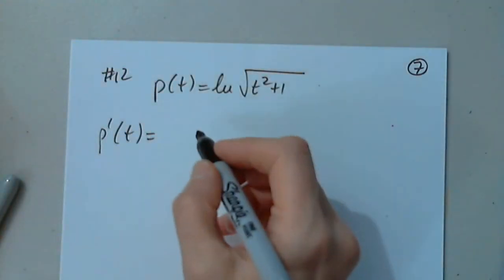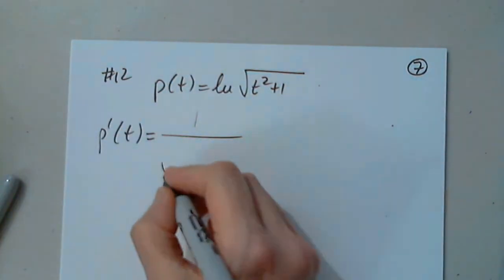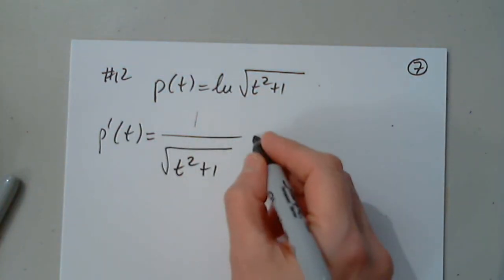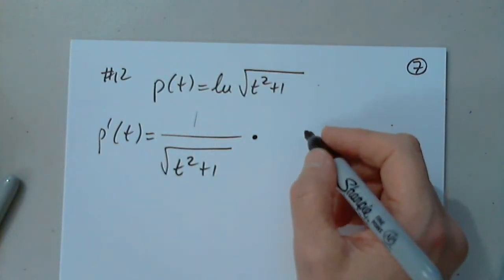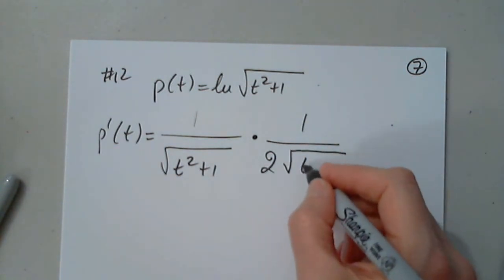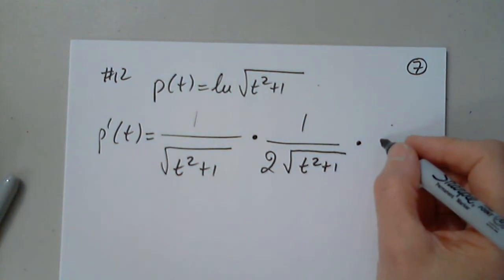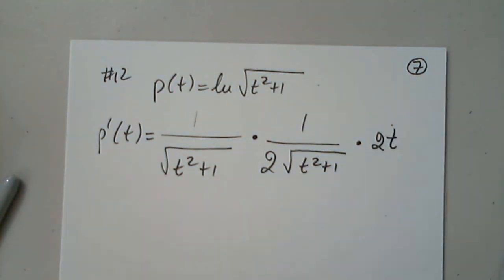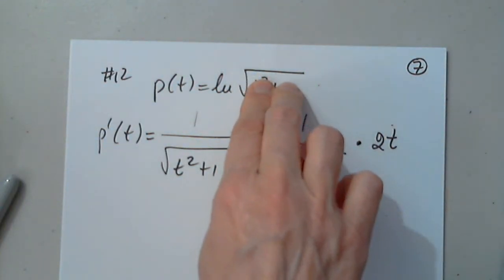Is that 1 over natural log? Oh wait, square root of t squared plus 1. 1 over 2, bracket, 2t. Awesome.